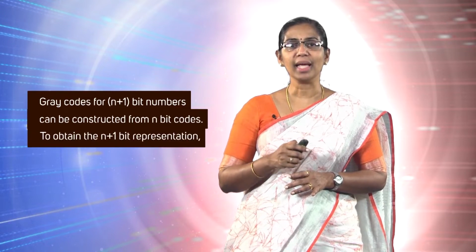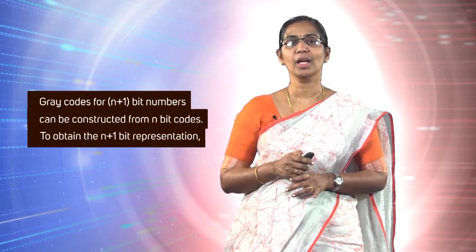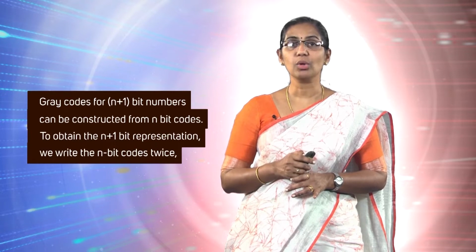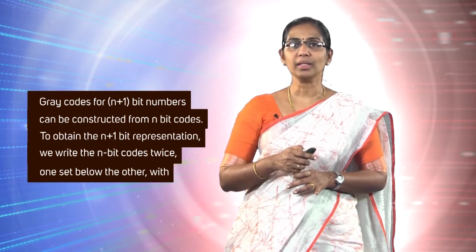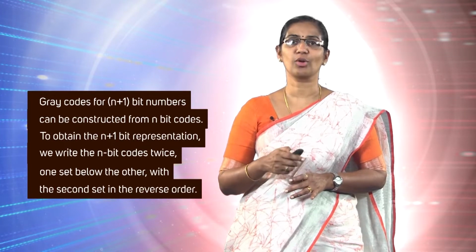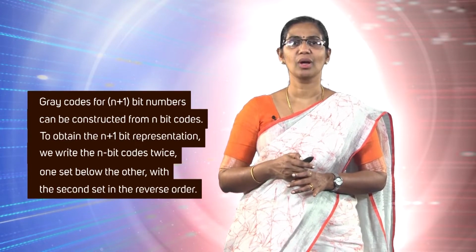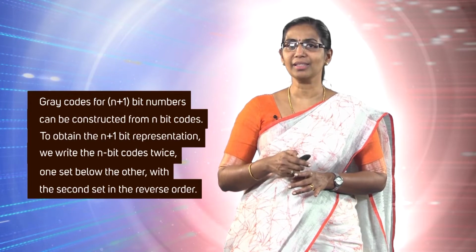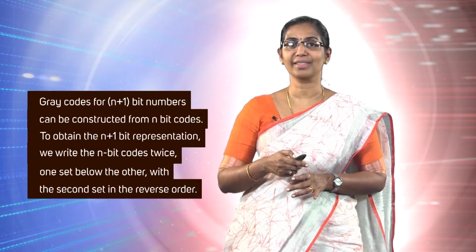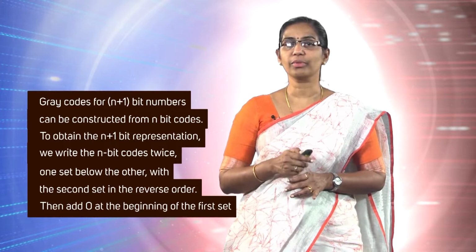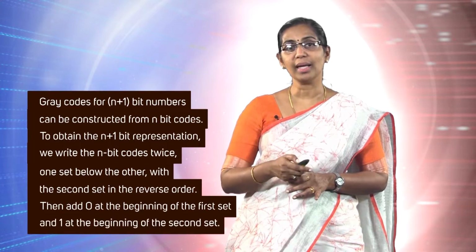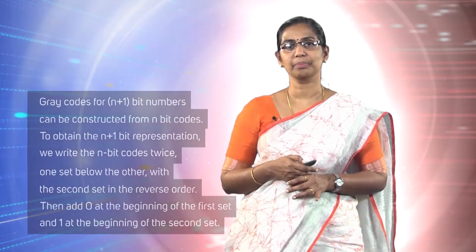To obtain the n plus 1 bit representation, we write the n bit codes twice, one set below the other, with the second set in the reverse order like a mirror image. Obviously, this is the reason we call it a self-reflecting code. Then add 0 at the beginning of the first set and 1 at the beginning of the second set.